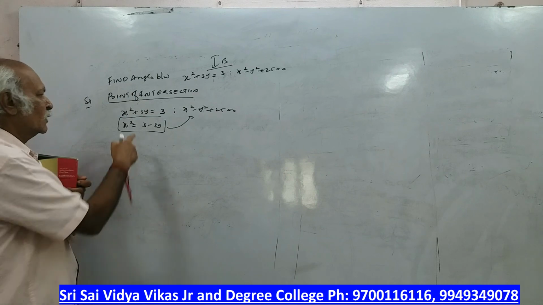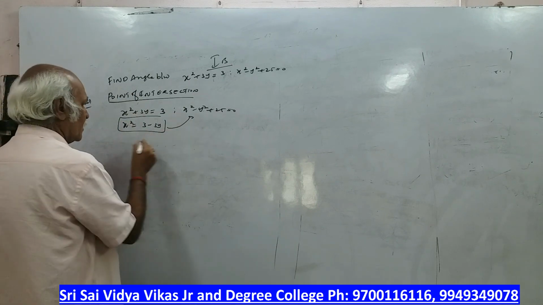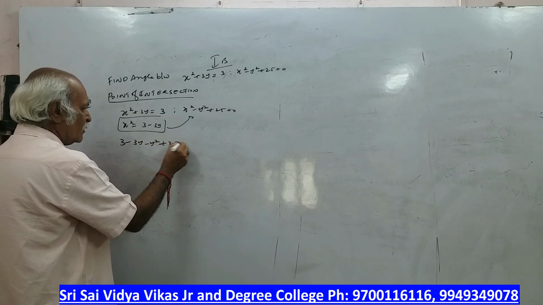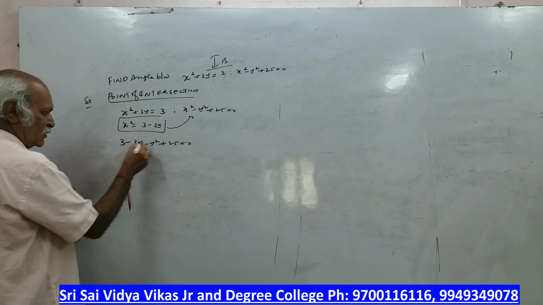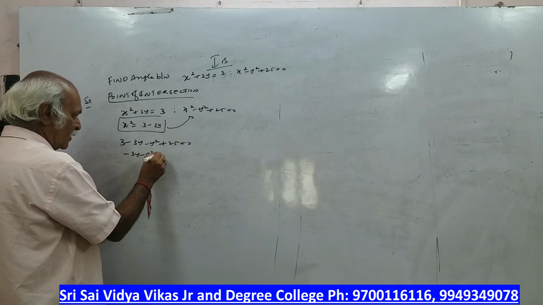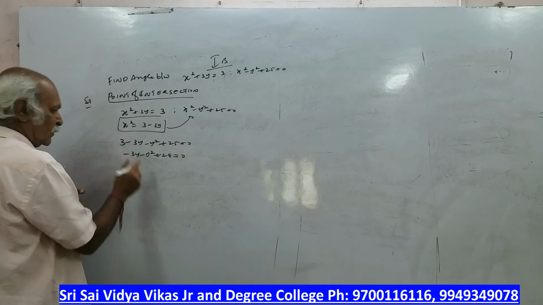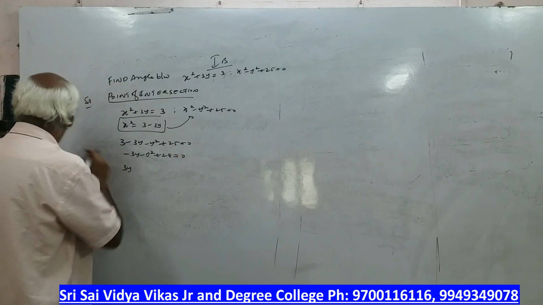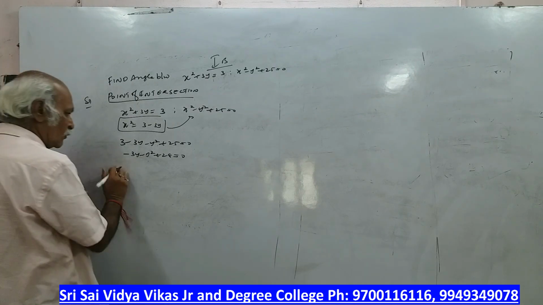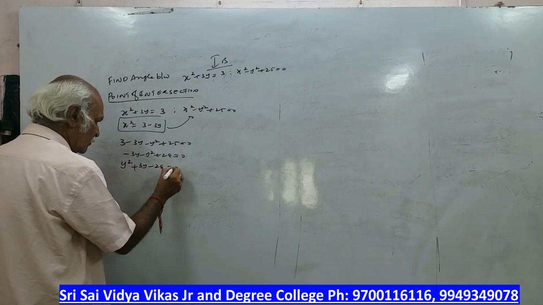So 3 minus 3y minus x square minus y square plus 25, this becomes minus 3y minus y square plus 28 is equal to 0. So remove the minus sign: y square plus 3y minus 28 is equal to 0.